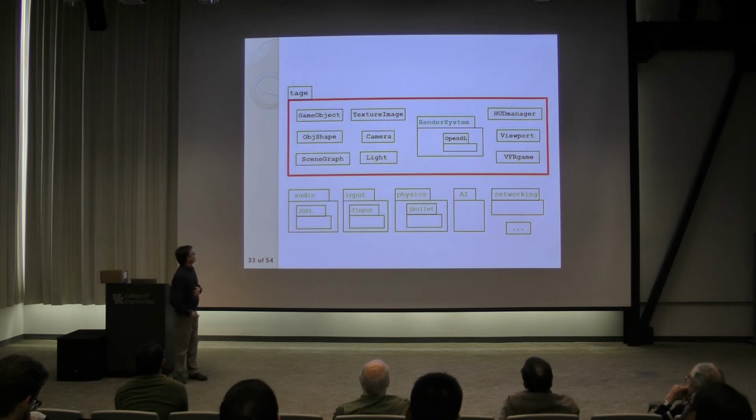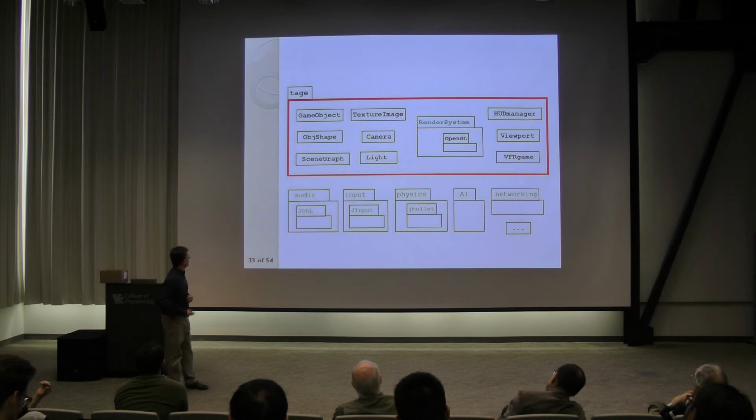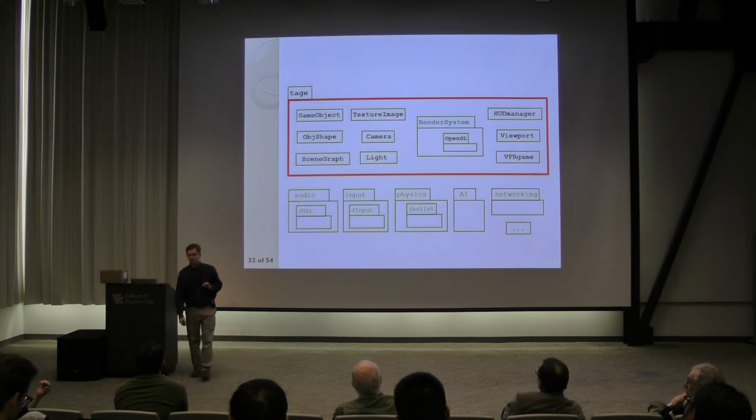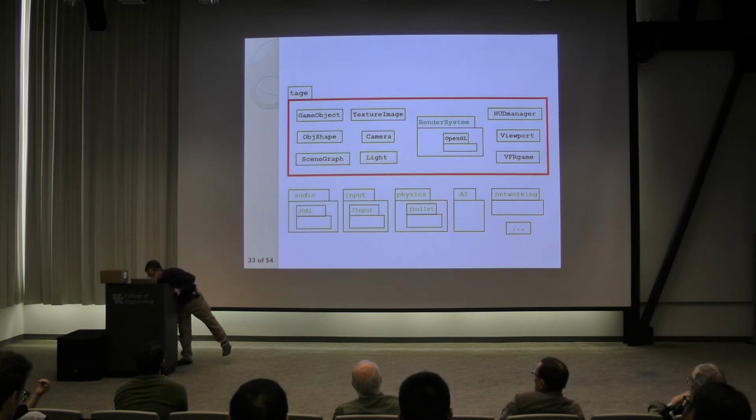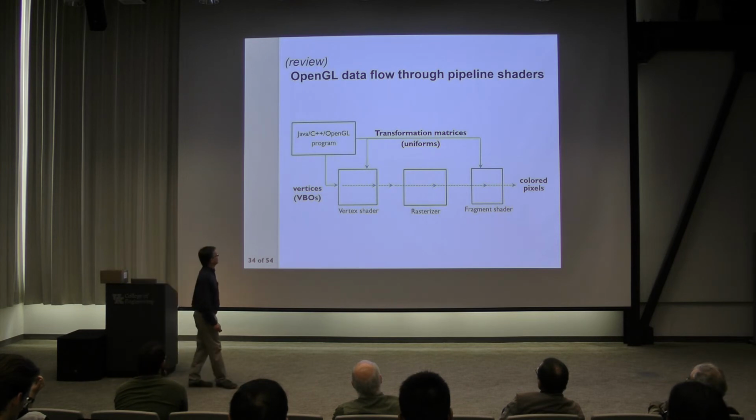Okay. Now we're at the core. We've got enough of our components that we can actually look at the real core of the game engine, which is the render system. This is a picture from the book. Hopefully you've seen that. If you haven't, don't worry about it.